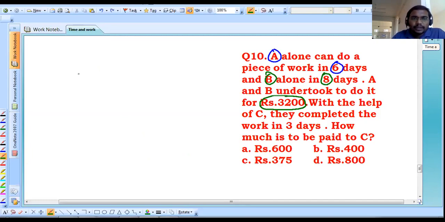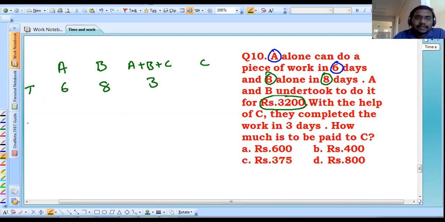But according to the question, A's time taken is given, B's time taken is given, A plus B plus C's time taken is given, C alone's time taken is not given. Time of A is 6 days, B is 8 days, A plus B plus C is 3 days. Now come to efficiency. See this, friends: 6, 8, 3.